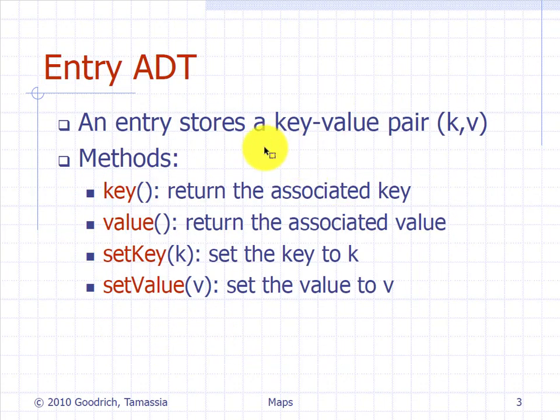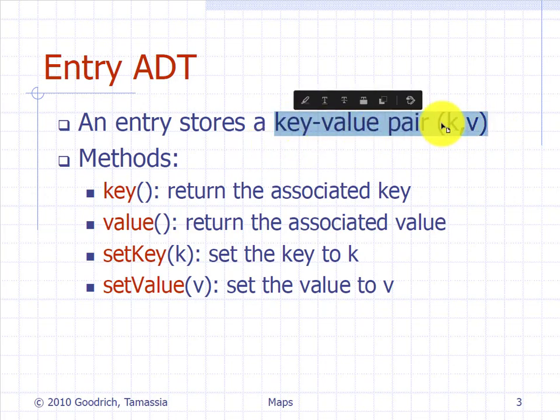So the kind of methods that you would associate with a map is, since we have this notion of a key value pair, let's just denote it as KV, where K is the key and V is the value or the object. The kind of methods we would have for a map is we can have a map entry for key.